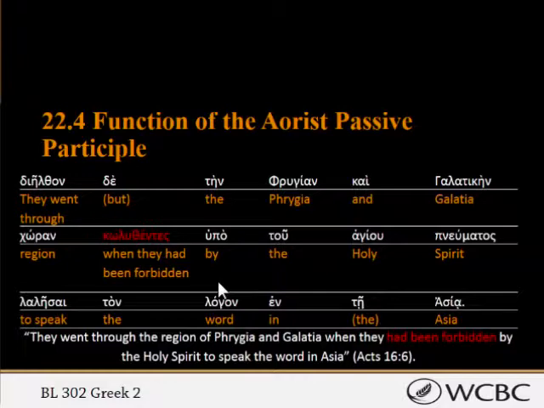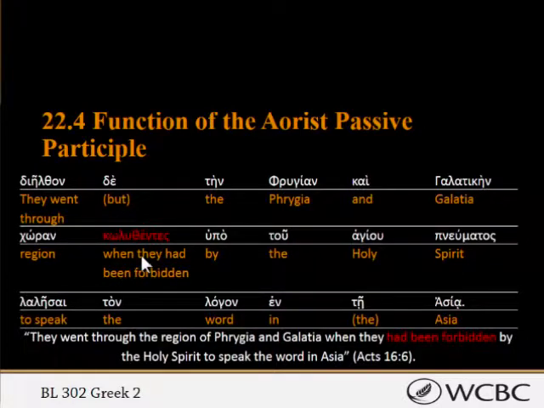So the idea of the aorist passive participle is that, first of all, it's dealing with time that's antecedent to the main verb, or time that's prior to the time of the main verb. So we could translate this as either when they had been forbidden or after they had been forbidden. And notice that we are dealing with a passive voice. When they had been forbidden, so it's not the subject actually doing the action, but the subject is being acted upon.